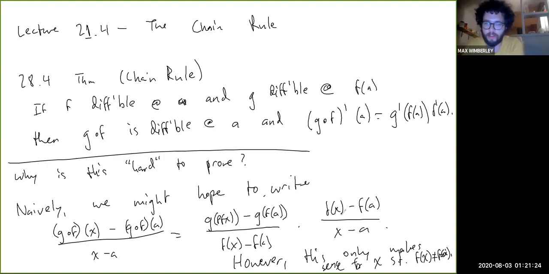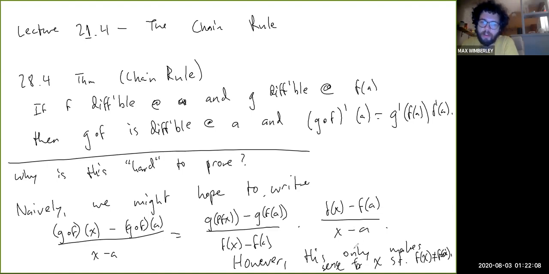And since f is continuous at a, as x approaches a, f of x is approaching f of a. So f of x is kind of acting like the variable here. In both the numerator and denominator, f of x is approaching f of a, and so by some limit theorems, this would also approach g prime of f of a. If you think of f of x as another variable y, then as y approaches f of a, this approaches g prime of f of a, because you have g of y minus g of f of a, and y minus f of a on the bottom.